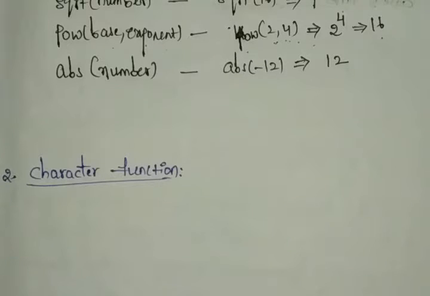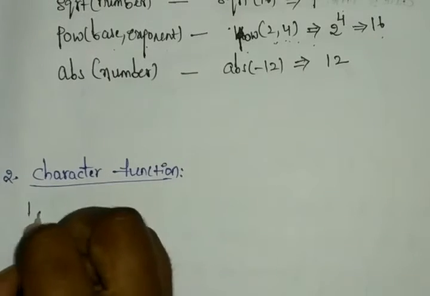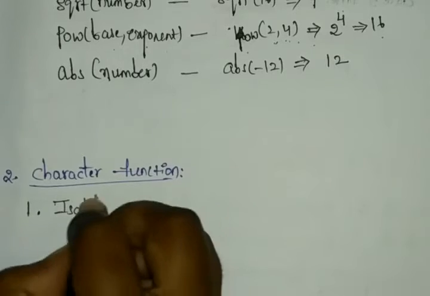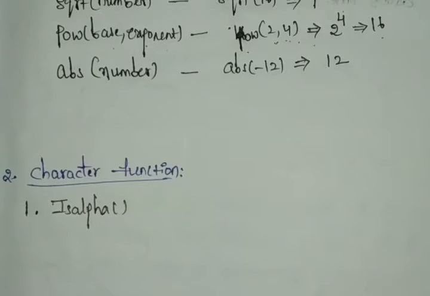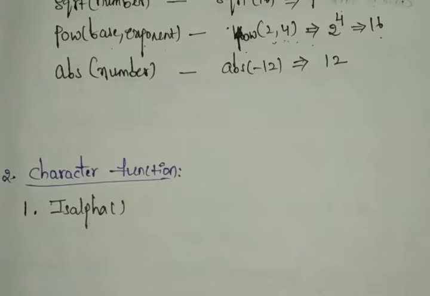Let's see, the first one is the isalpha function. The isalpha function returns non-zero if the entered character is an alphabet. Otherwise it returns 0, which is equivalent to false.